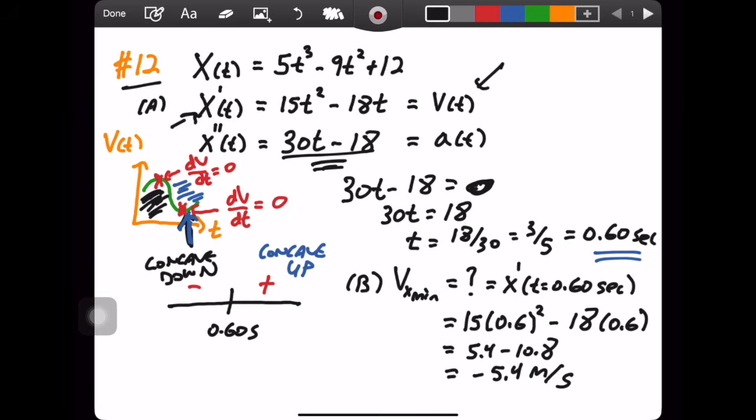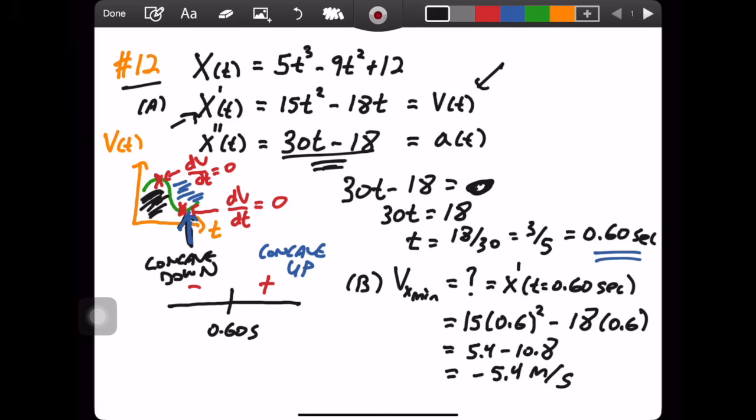If I had positive on the left and negative on the right, then I would be at a maxima. So I know that that corresponds to the minimum velocity. And so now I know the time is 0.6 seconds at that minima. I just plug that 0.6 seconds into my expression for the velocity, and that tells me what the minimum velocity is.